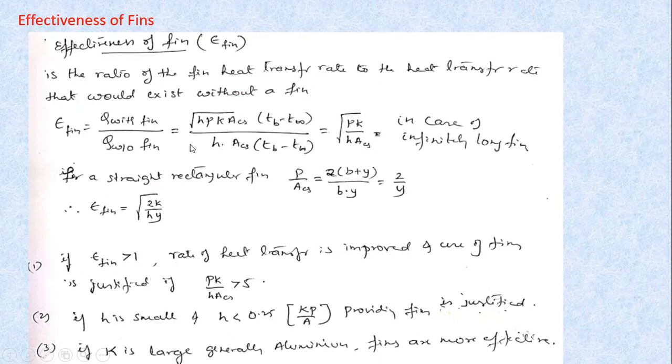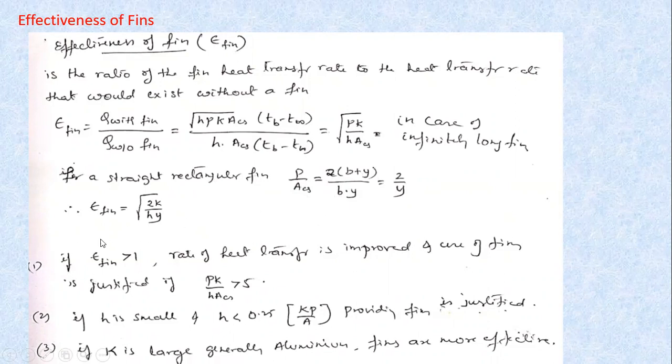And without fin, we are writing it as H into A into TB minus T infinity. So it is given by this expression. For a straight fin, P by ACS, if we write the perimeter as 2 into B plus Y and the cross-section area as B into Y, you will get it as 2 by Y.